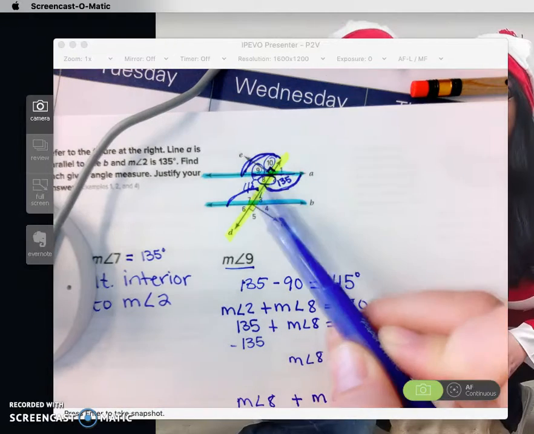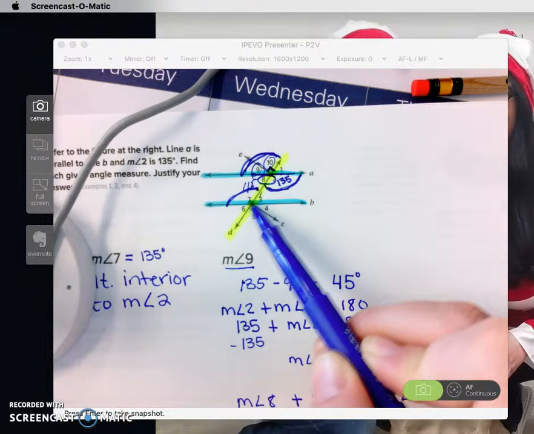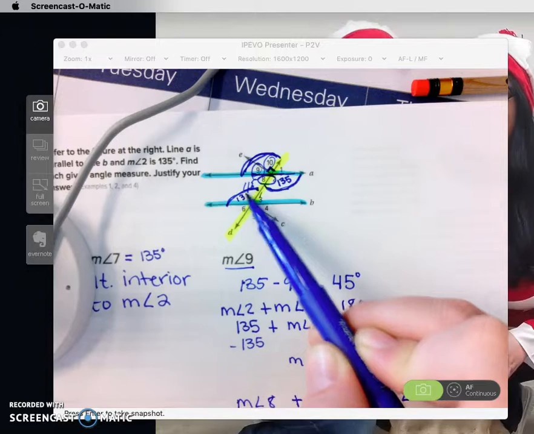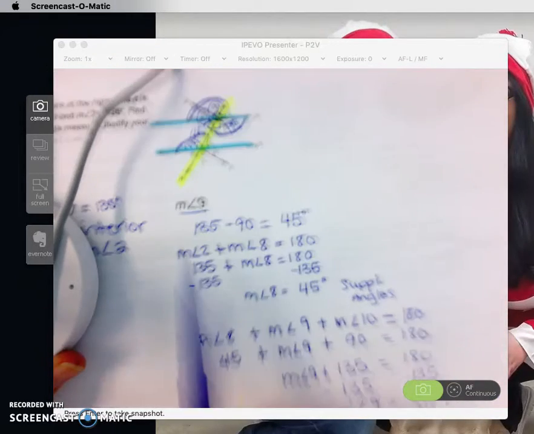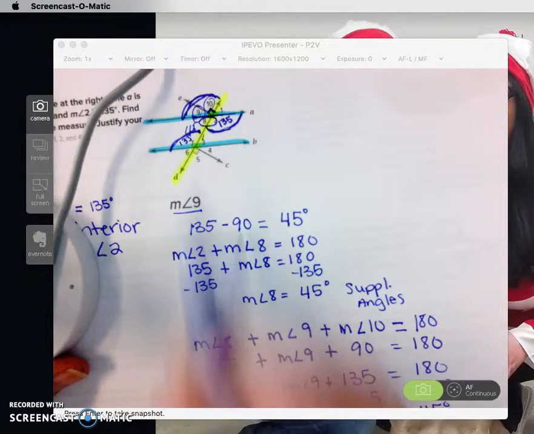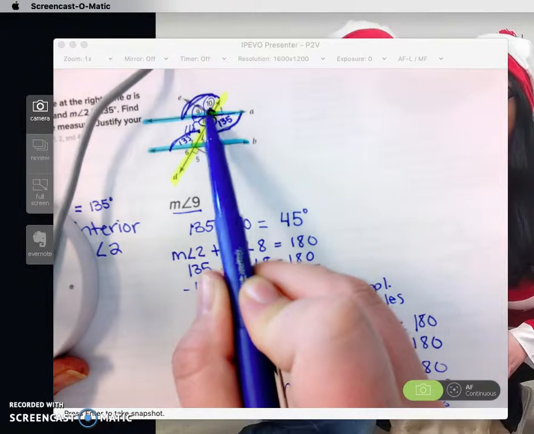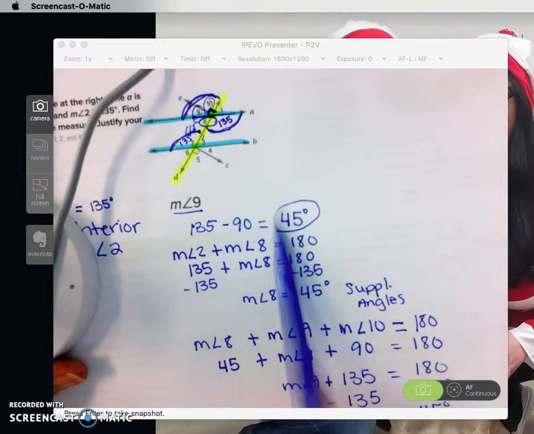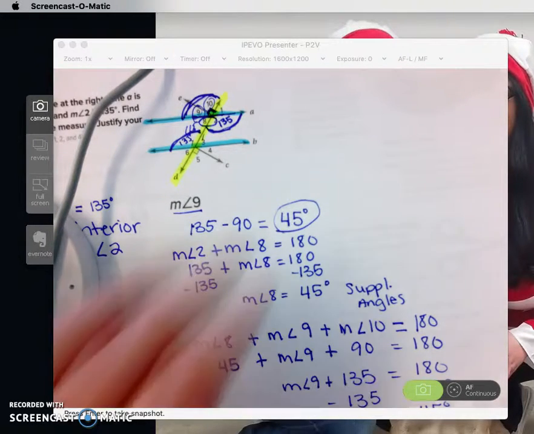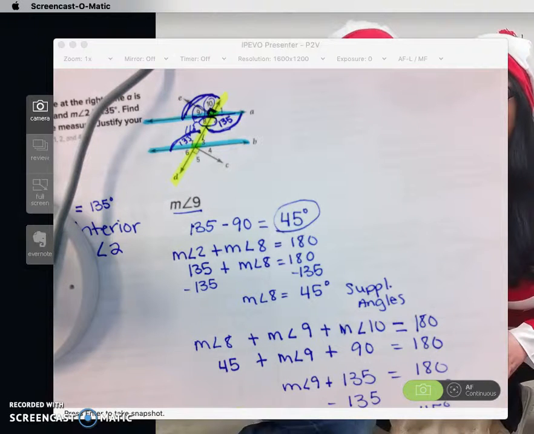Well, that means that if angle 7 is 135, this whole thing has got to be 135, and that's where we did this. We're going to do 135 minus that known angle of 90. That's where we got that 45 degrees. So however you want to justify it, you can.